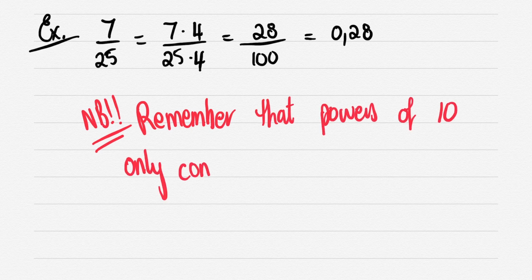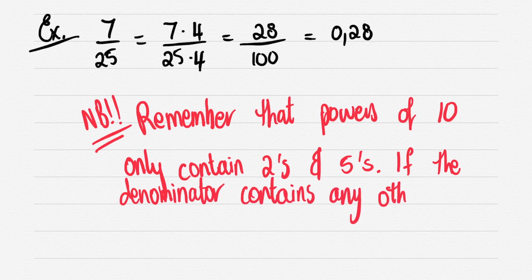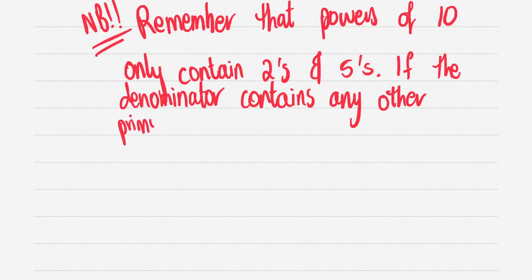So that any denominator that has a power of 10, it'll always contain only a 2 and a 5. In this particular case, we see there are 2 noughts after the 1, because if it's 100, it's going to have 2 noughts. That means that you're going to have 2 times 5, and on top of the 2, you'll have a squared sign, and on top of the 5, you'll also have a squared sign.